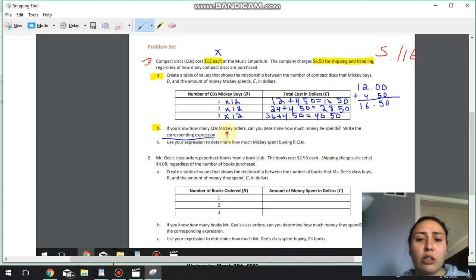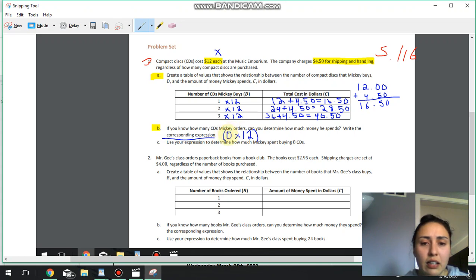So it's really helpful to look at those labels when you're writing your expression. D. What are we doing to the number of CDs? Okay, we are multiplying by 12. That is step 1. That is the first part to our expression. And since we are doing that first, yes, include parentheses around that D times 12.